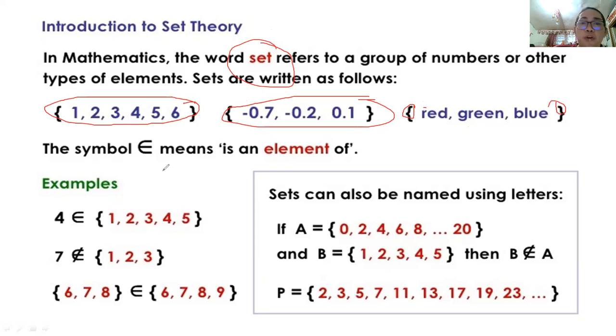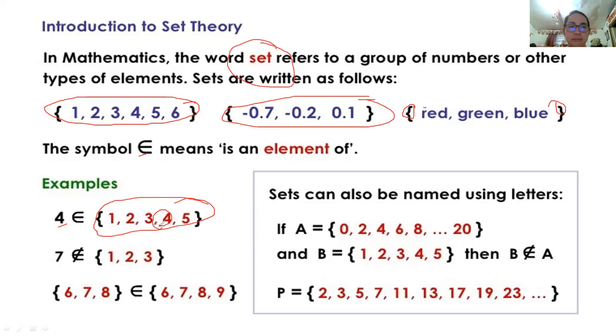The symbol for the members of a set, we call it element. So ∈ refers to the element of a given set, or members of a given set. If we have examples here for sets and their elements, we have 4. 4 is an element of this set because 4 can be seen in here, correct?